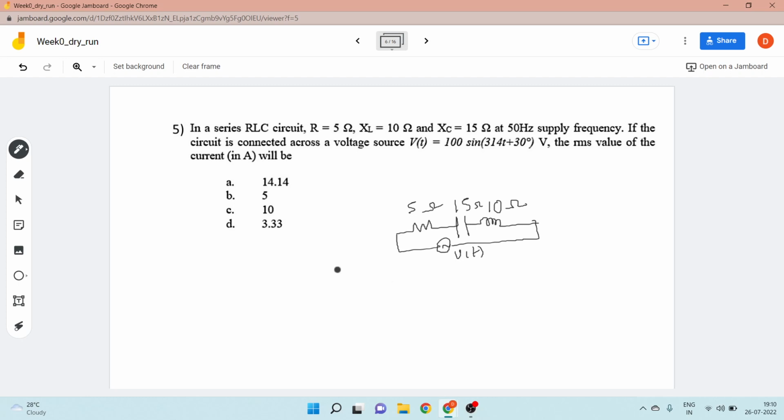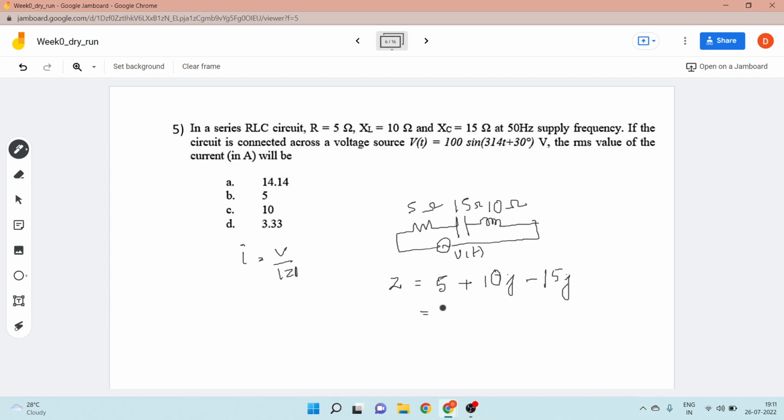So now if you are to calculate the RMS current, current is basically what? Current is voltage by the total Z. Now Z will be equal to the resistance, that is 5 ohm, the reactance, which is given by 10j, and the capacitance.